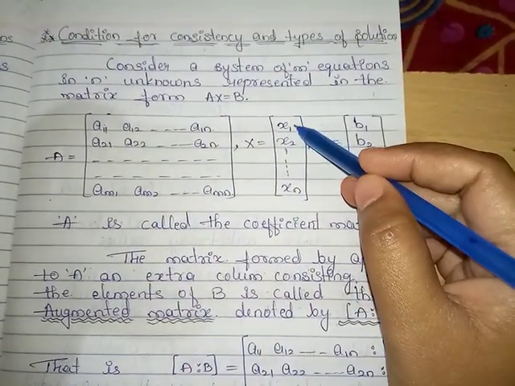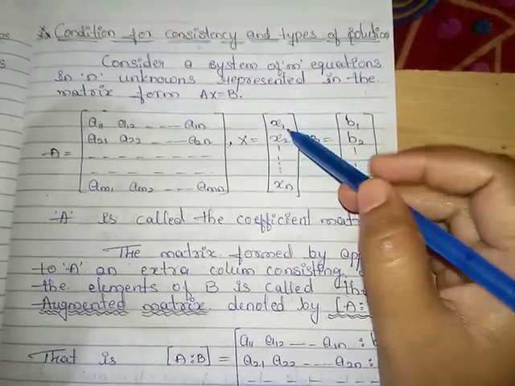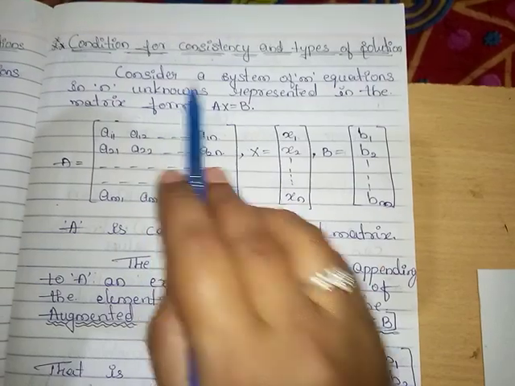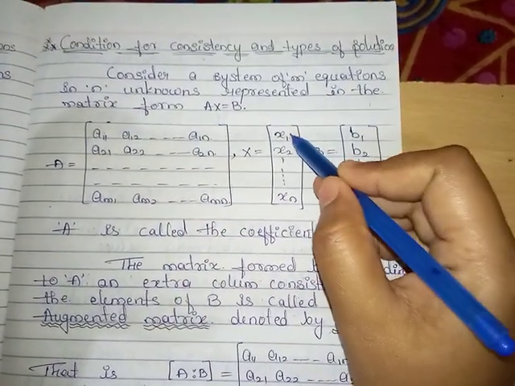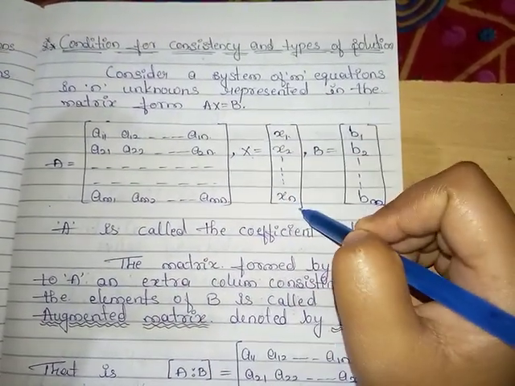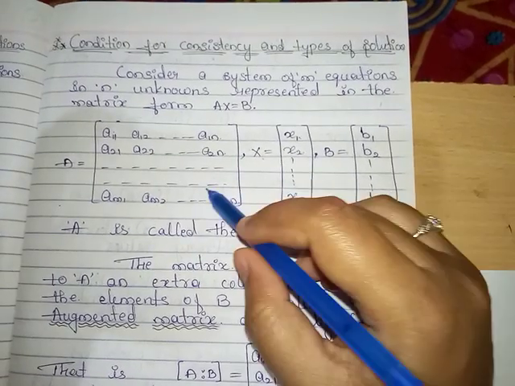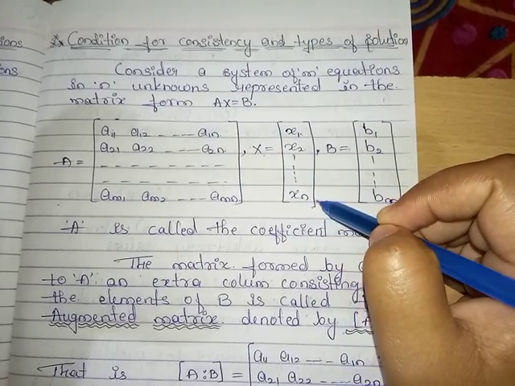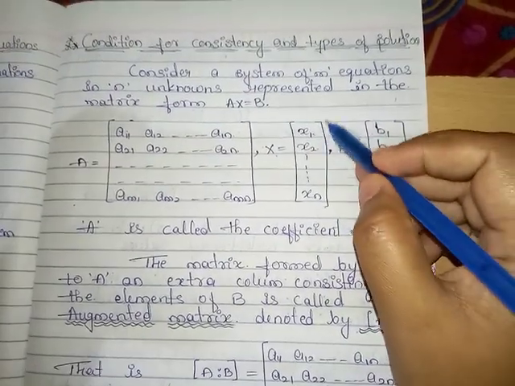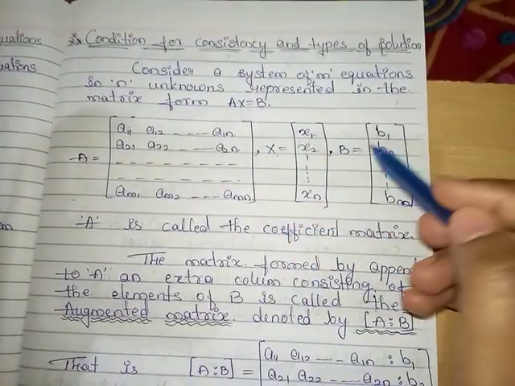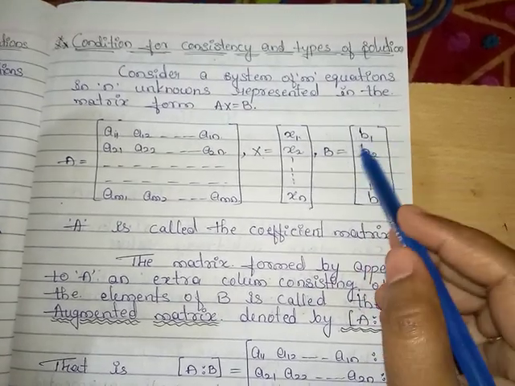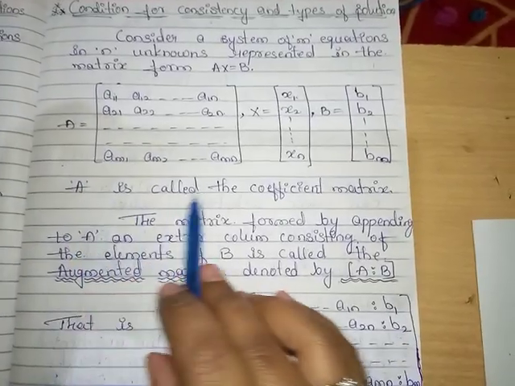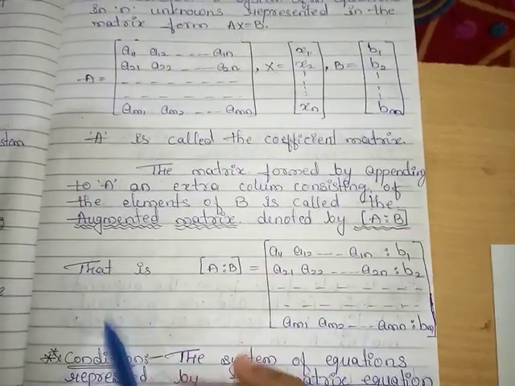Here the variables are from 1 to n, because we are taking a system of m equations in n unknowns. X is equal to x1, x2, so on to xn. For this system of equations, we have n unknowns which satisfy these equations, and the constant b is equal to b1, b2, so on to bm, where A is called the coefficient matrix.